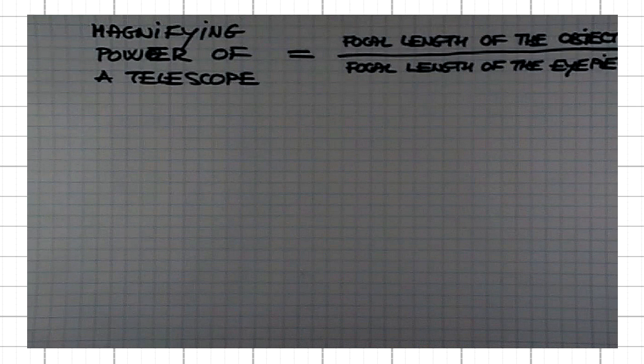But as I explained, there is a price that you pay: your image of whatever you are viewing, as you go to higher magnification, is reduced in brightness simply because one and the same amount of light gets spread over a larger area as you increase the magnification.